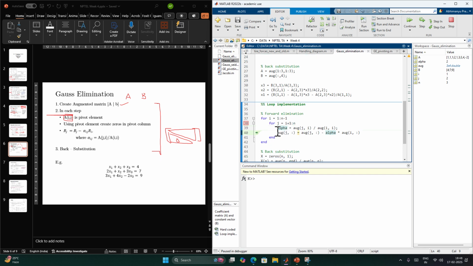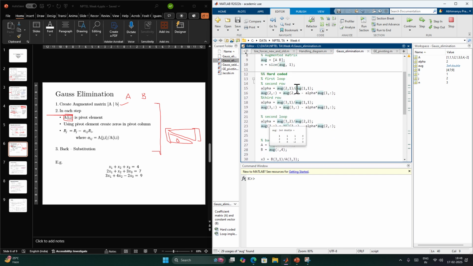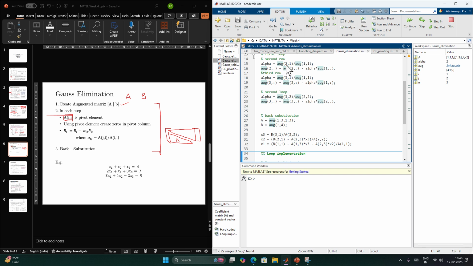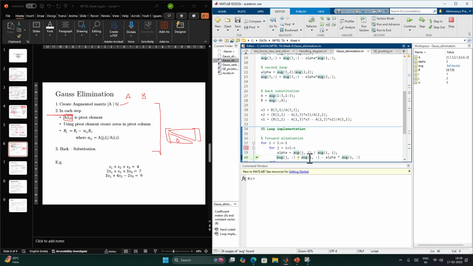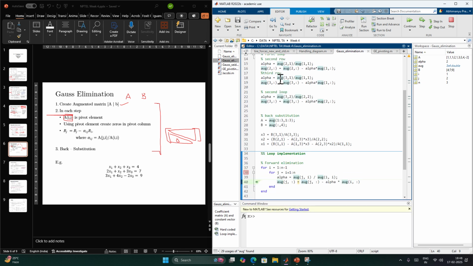Now I calculate my alpha. So alpha is 2. This is the same as the alpha I was getting over here. Since j is 2 and i is 1, I am basically doing augmented(2,1) divided by augmented(1,1). This will be my alpha, the first one.